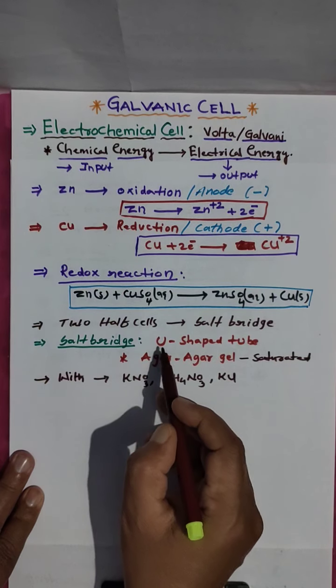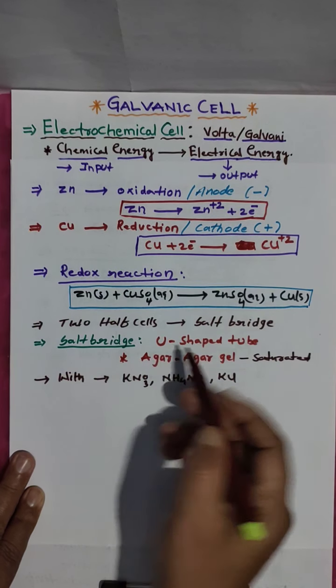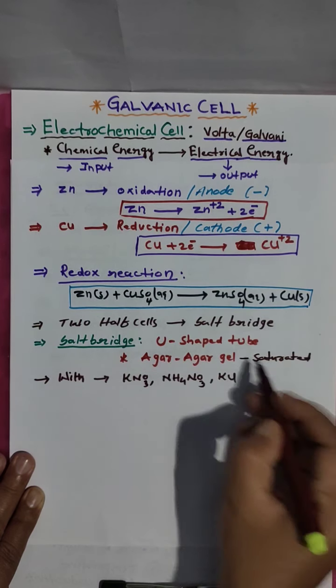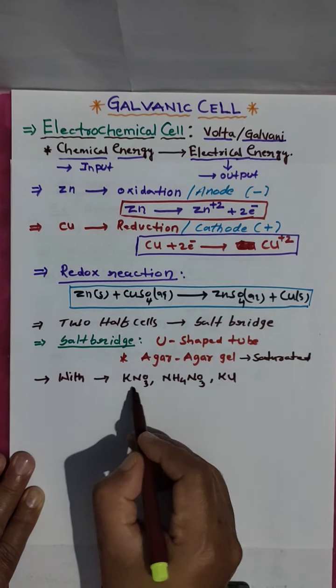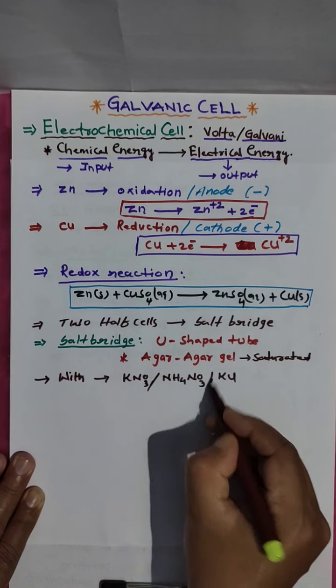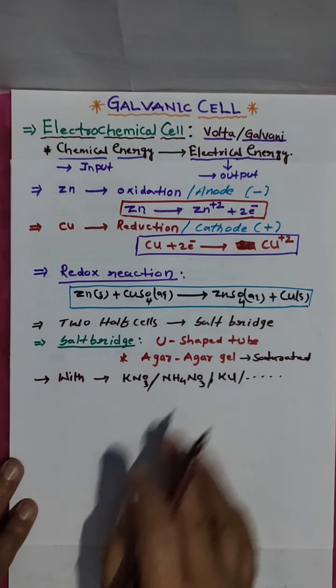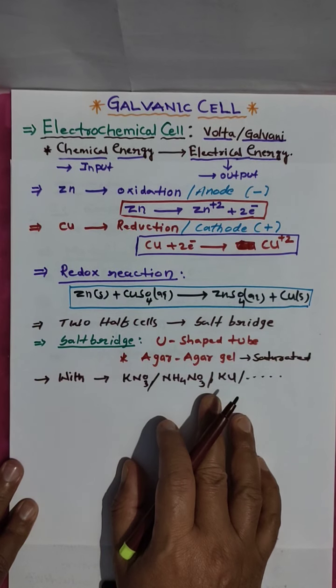So the inverted U-shaped tube is filled with agar gel, and it is saturated with KNO3 or ammonium nitrate or KCl. Clear? And this is about the salt bridge.